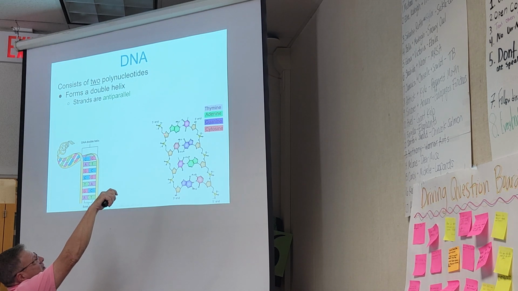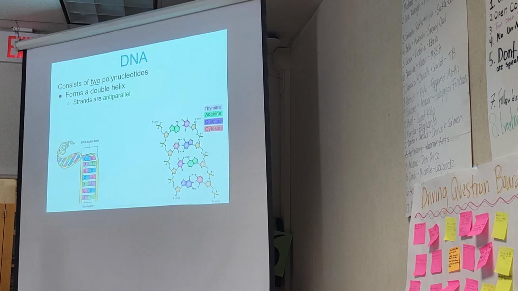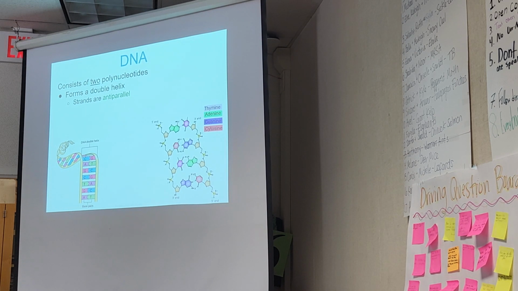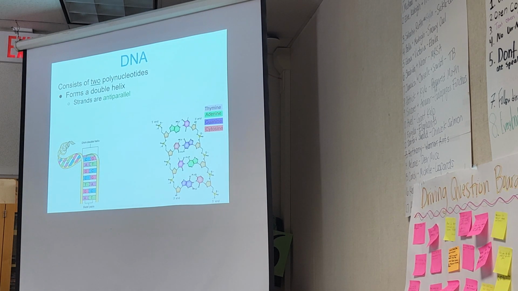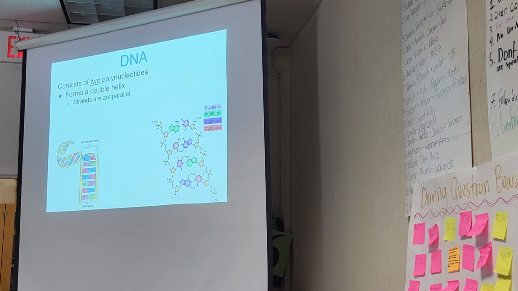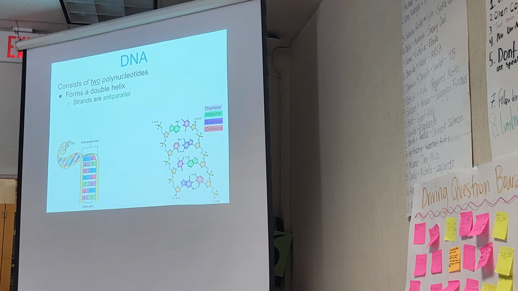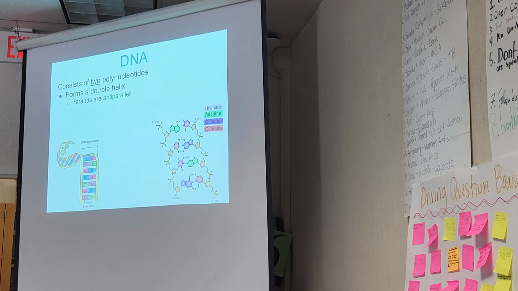That means this right here is what? Where does the phosphate group attach on the sugar? On the 5', right? This is how we orient the DNA then. If this is where the phosphate is, here's our phosphate.